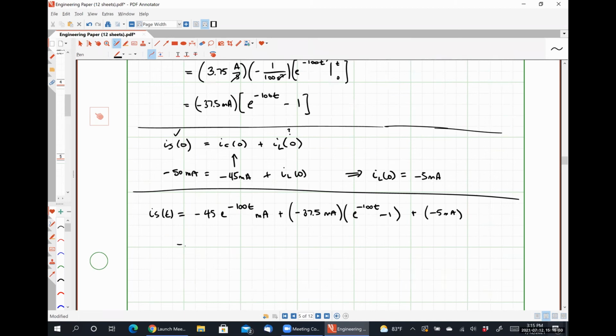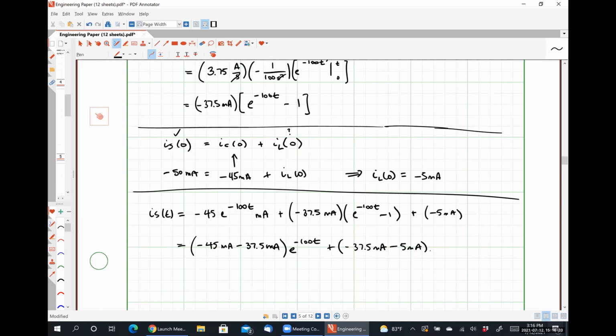And so I'm going to kind of group some things together here, right? So obviously I have negative 45 milliamps minus 37.5 milliamps, and both of those are multiplied by a factor of e to the minus 100t. And then I have plus negative 37.5 milliamps minus 5 milliamps.